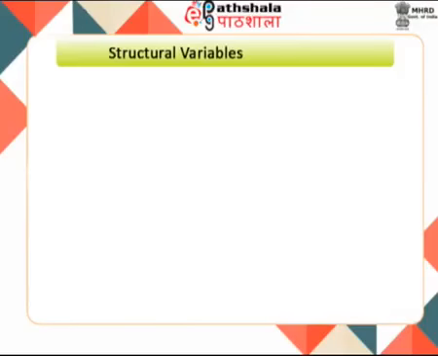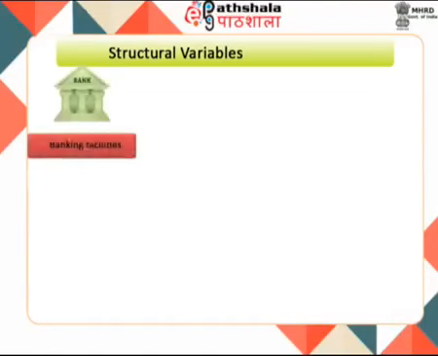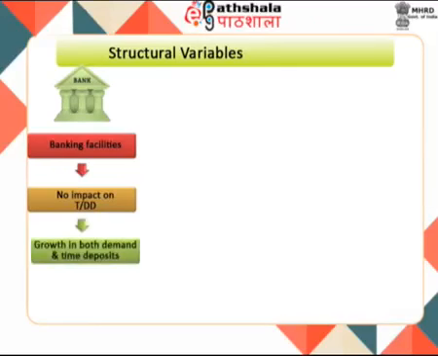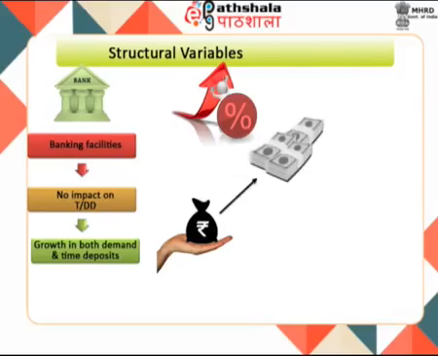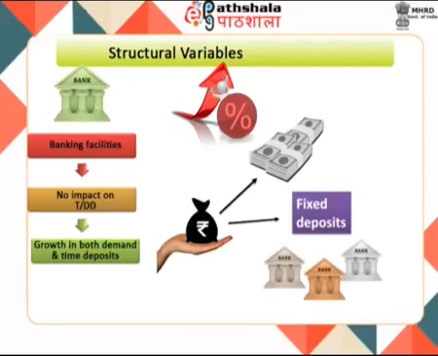Structural variables. The spread of banking facilities would have no differential impact on the T upon DD ratio, as there would be growth in both demand and time deposits. Similarly, an increase in tax rates would lead to holdings of black money, which are mostly held as cash, but may even be held in the form of fixed deposits in different banks under the accounts of different family members to escape detection.